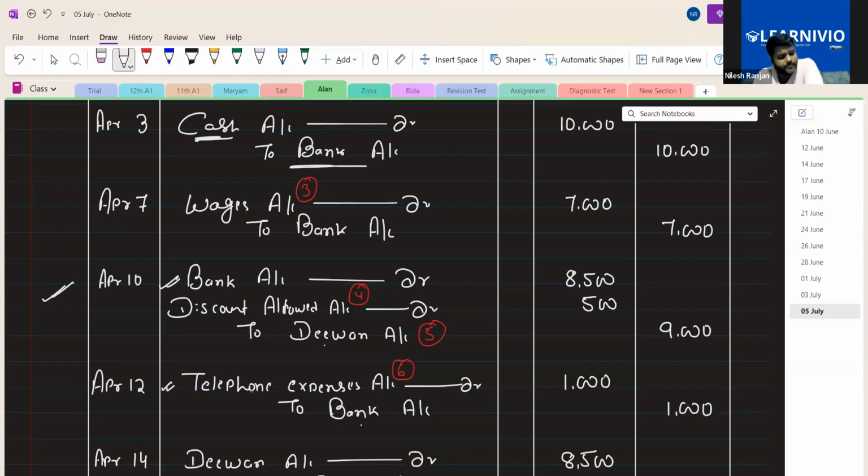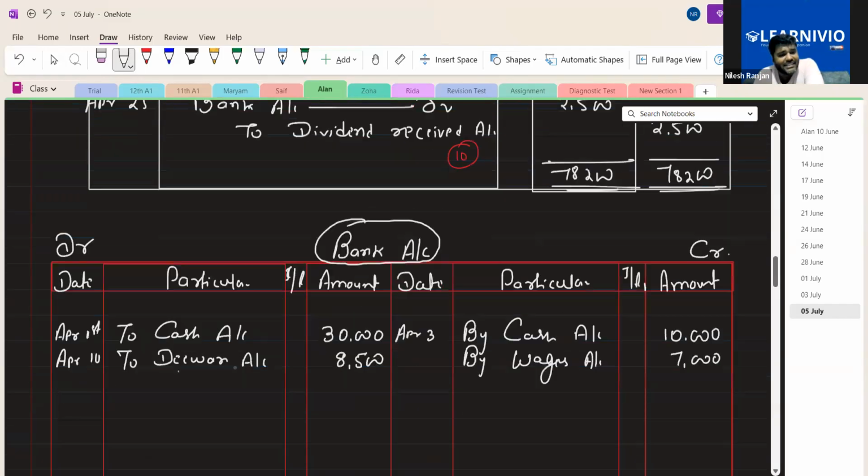So in the telephone expenses account, bank account will be on the debit side, and in the bank account, telephone expenses will be on the credit side. Yes, that's what I'm saying. So in the bank account, Divan account will be on the debit side, and in the discount allowed account also, Divan account will be on the debit side. That's what I have written.